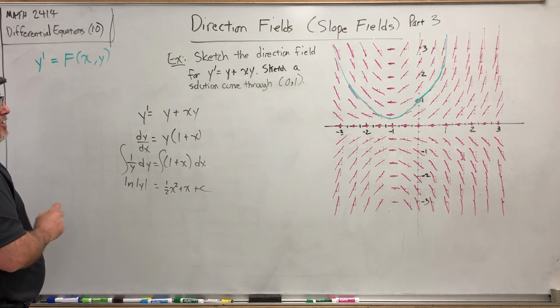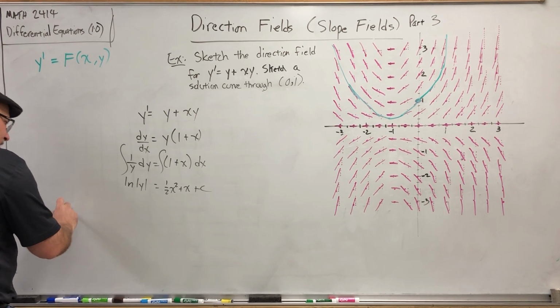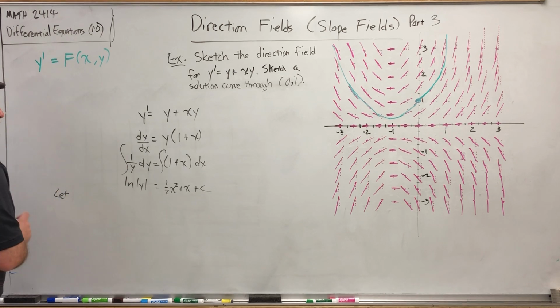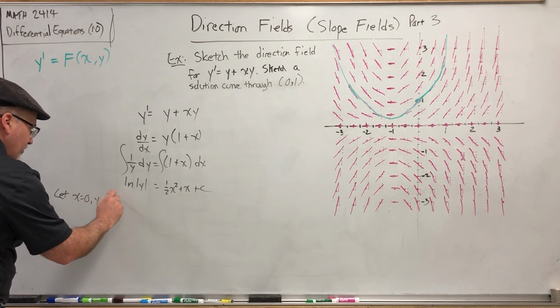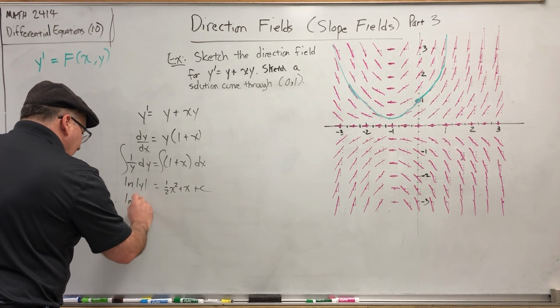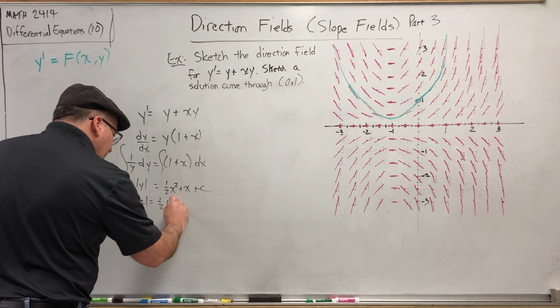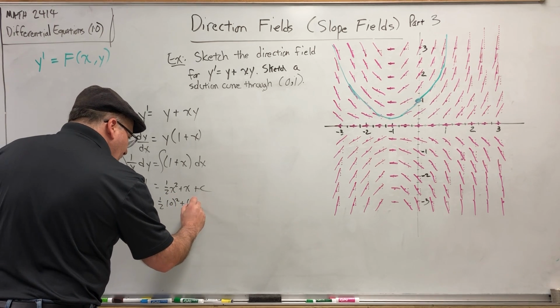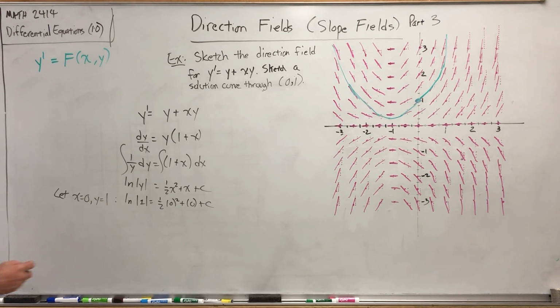And since we are looking at the solution curve through a specific ordered pair, let's go ahead and figure out the constant using that initial condition. So we let x equal 0 and y equal 1. We get the natural log of the absolute value of 1, well, that's just 0, equals 1/2 times 0 squared plus 0 plus c. So c is equal to 0.